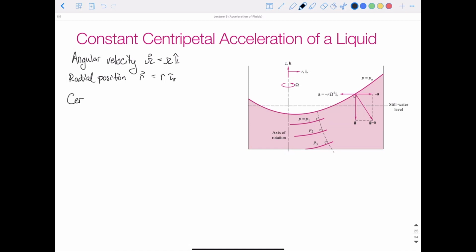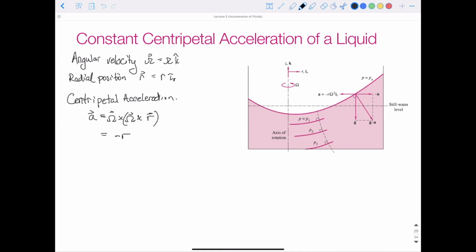And then our centripetal acceleration is just going to be pointing inwards in the radial direction, and from rigid body dynamics, it would be equal to our angular velocity cross product with our angular velocity cross product with our radial coordinate.